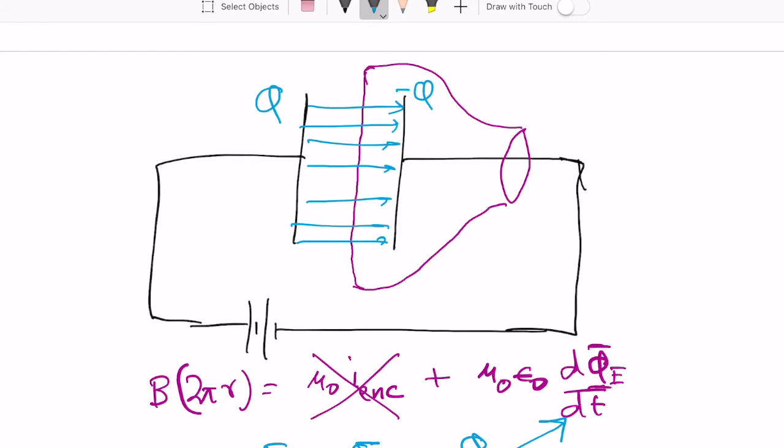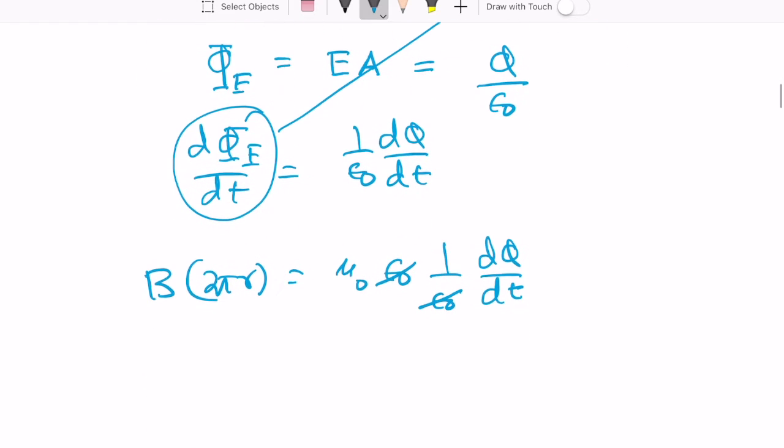So dQ dt is nothing but the current, right? So we get B times 2 pi r is equal to mu 0 times the charging current, right?